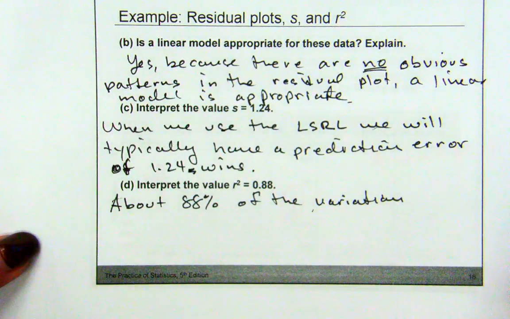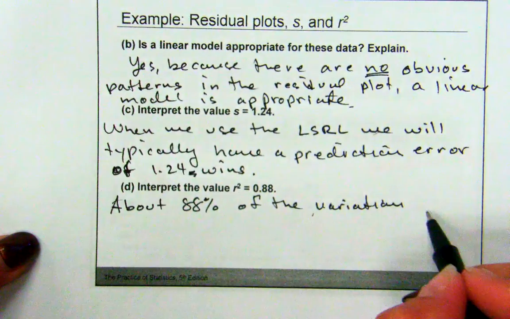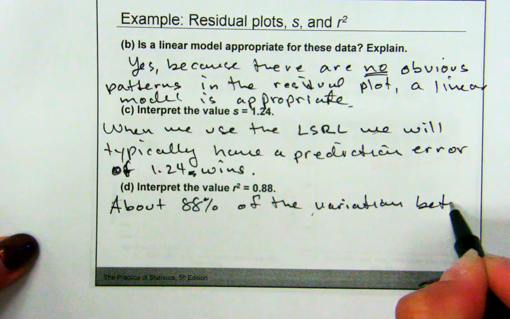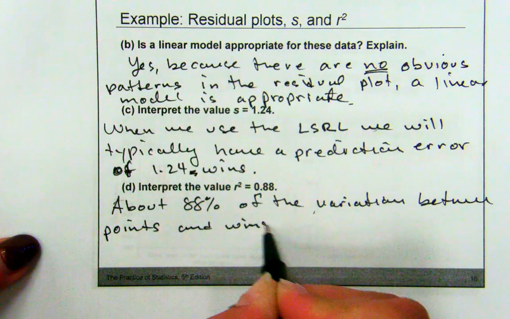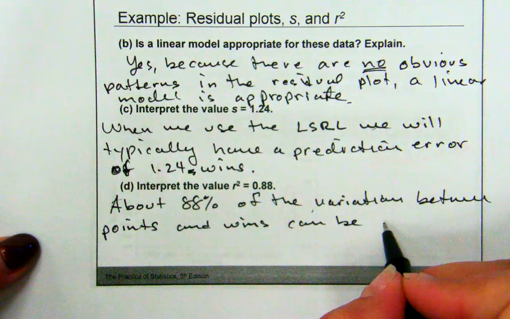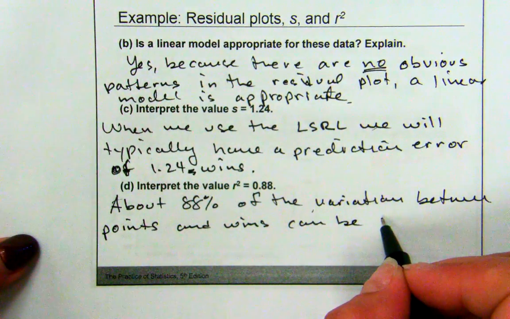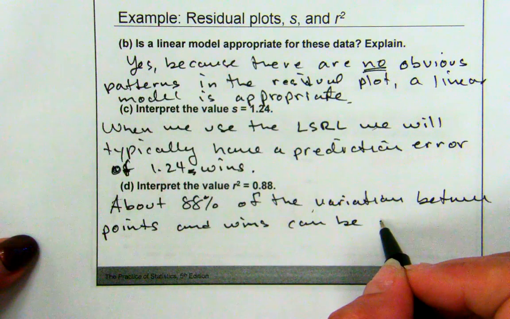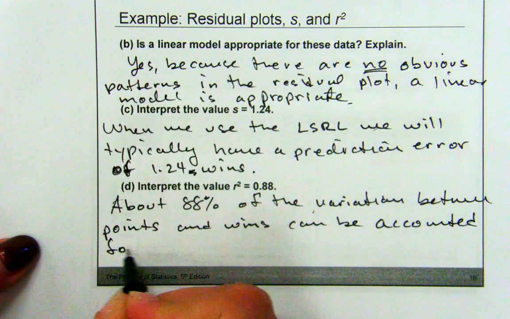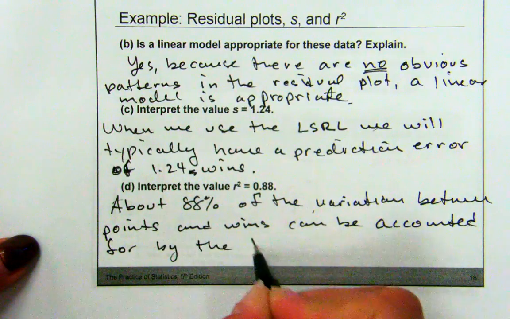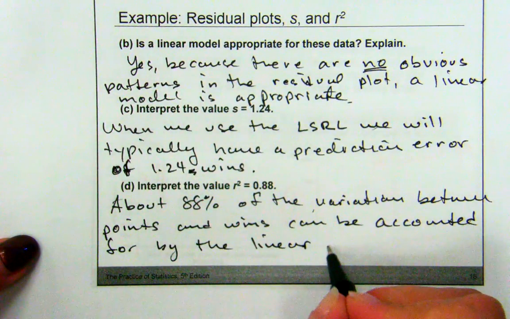Okay, so about 88% of the variation between points and wins can be associated, I would say associated, can be accounted for by the linear model.